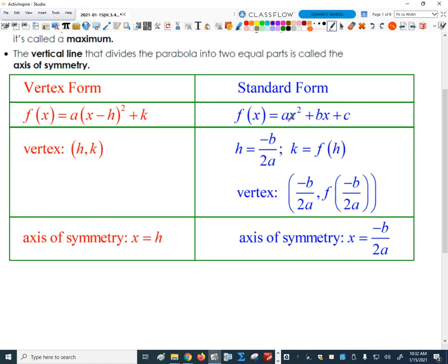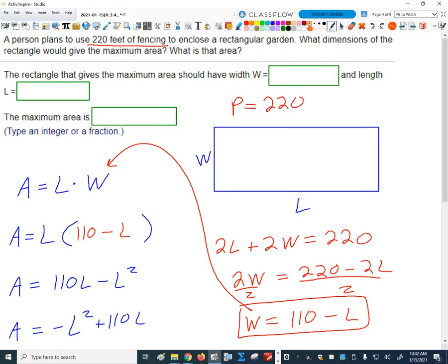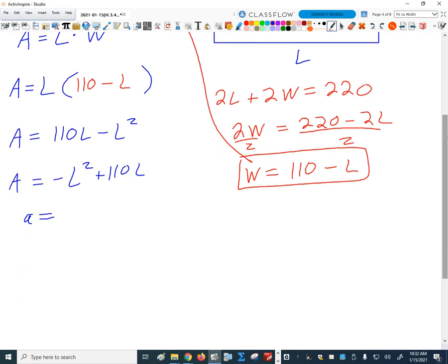But a is the coefficient of whatever the input squared is, b is the coefficient of the input to the first power, and c is the constant. See the comparison we're making? If it helps, I could write this as A of L instead of f of x.